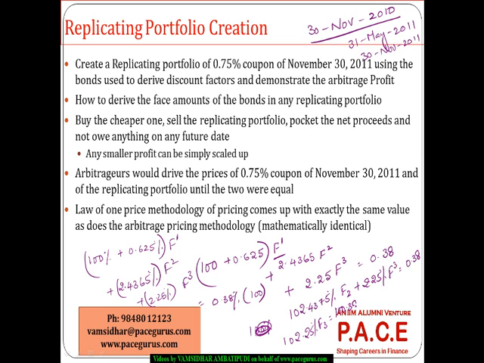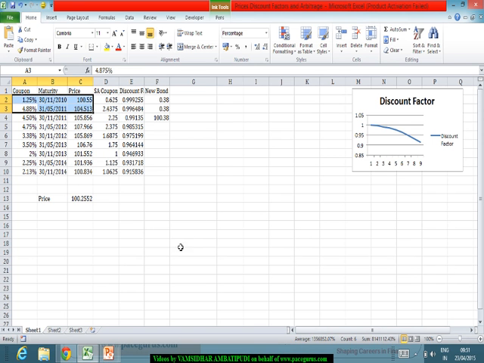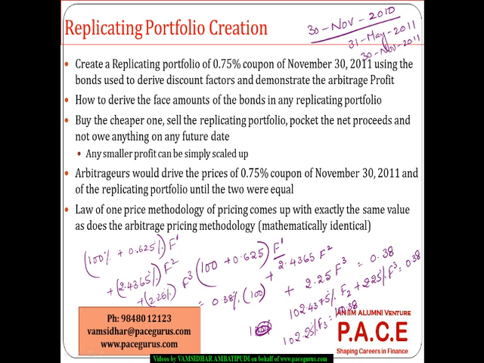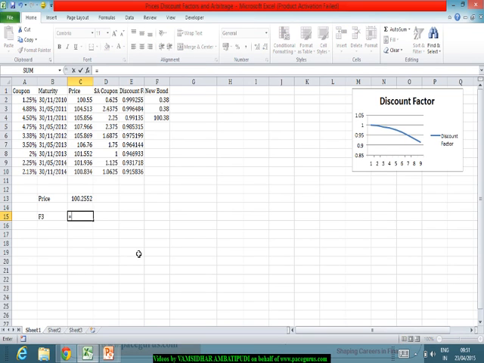So from here I'll get my F1, F2, F3. Right, so from here I'll directly get my F3. For this particular bond, F3 is nothing but 100.38 divided by 102.25%.